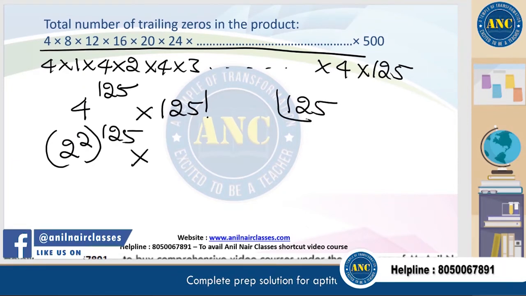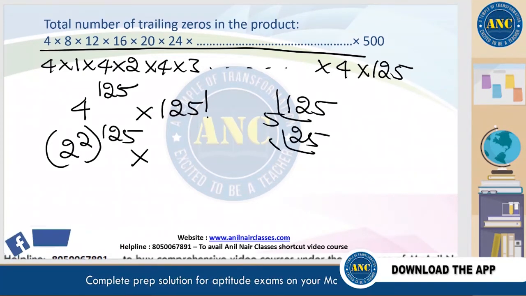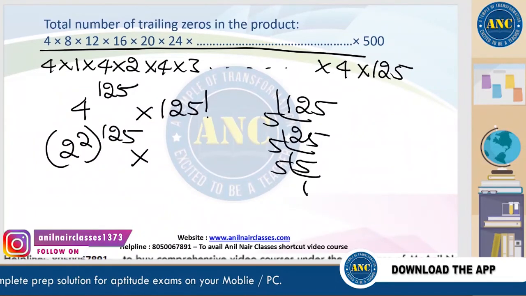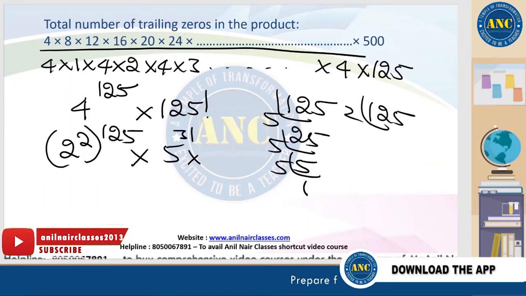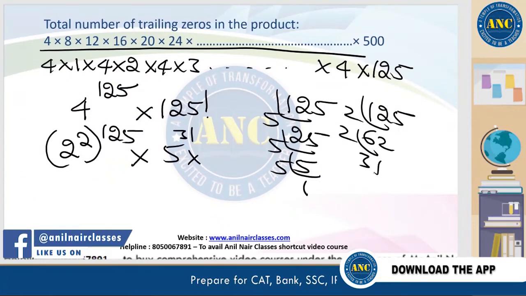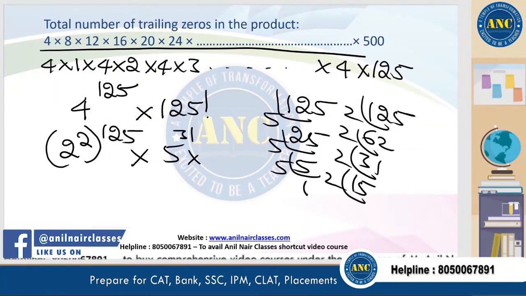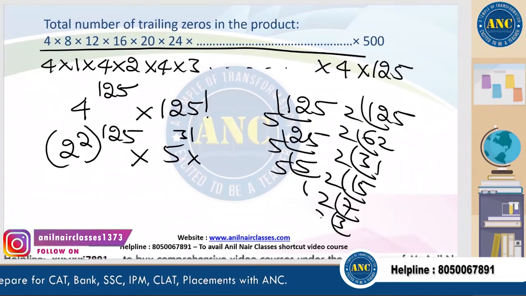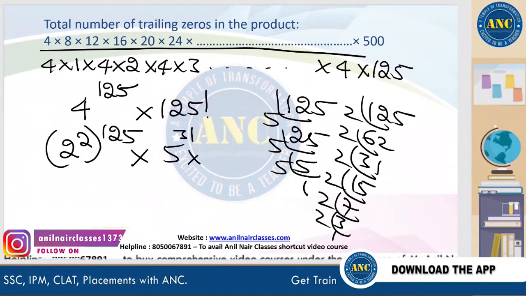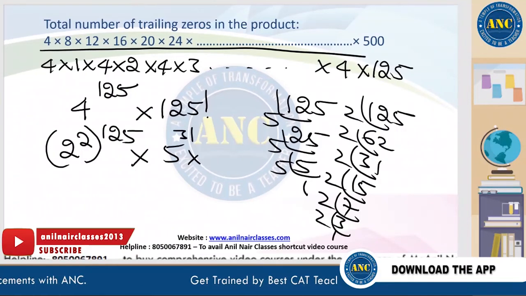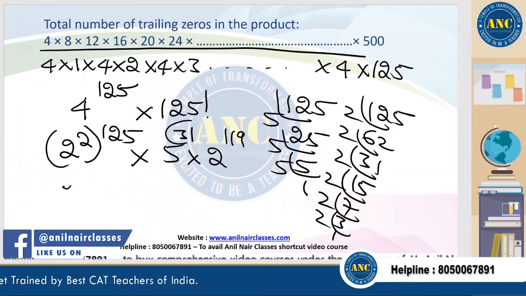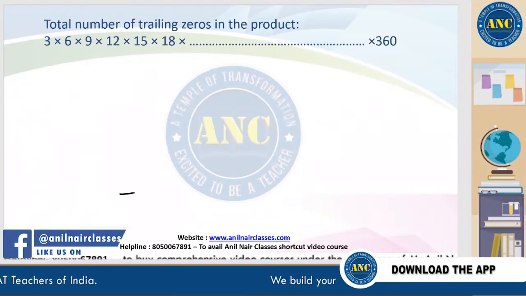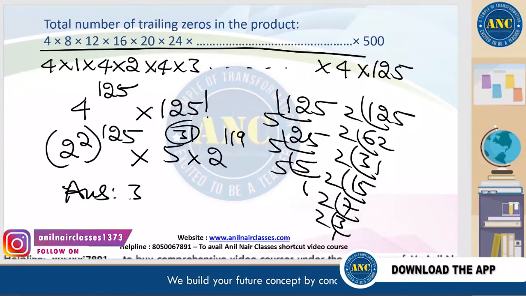In 125, how many 5s are there? 5 25s are, 5 5s are, 5 1s are, so 5 power 31. How many 2s are there? 62, 31, 15, 7, 3, 1, which gives 119. 2 power 119. So obviously the answer will be for the lowest one. Lowest one answer is 31.